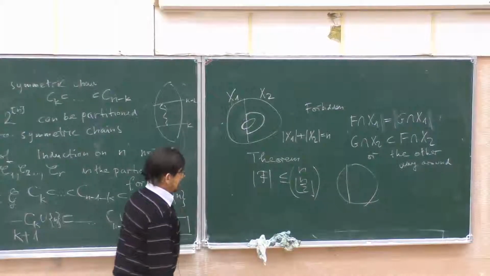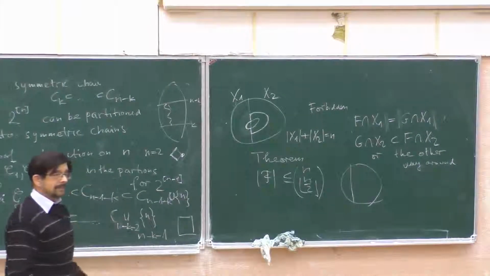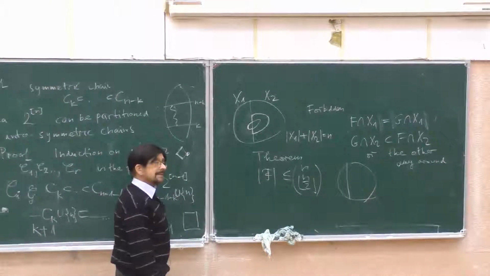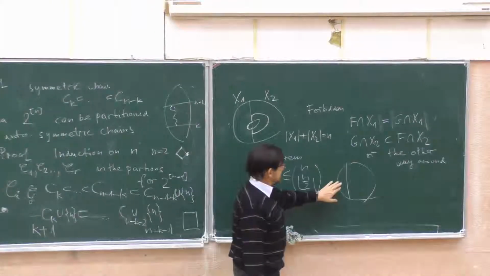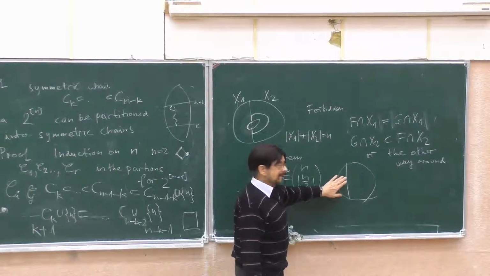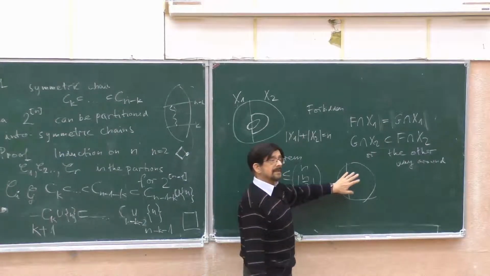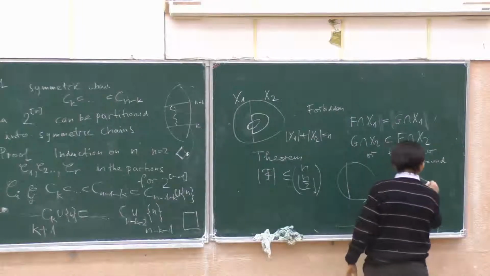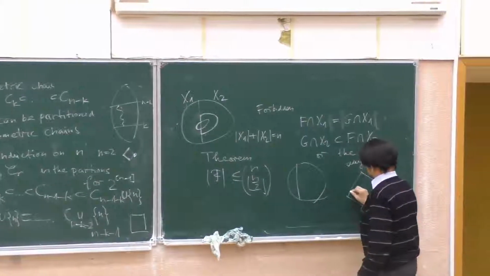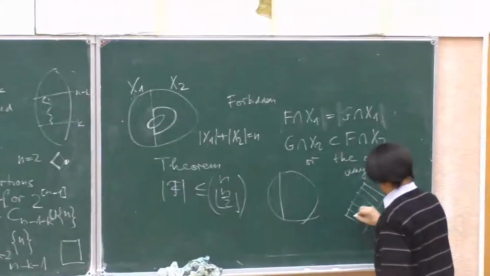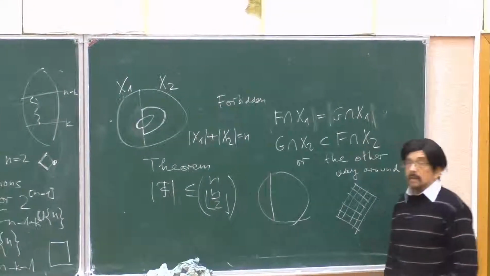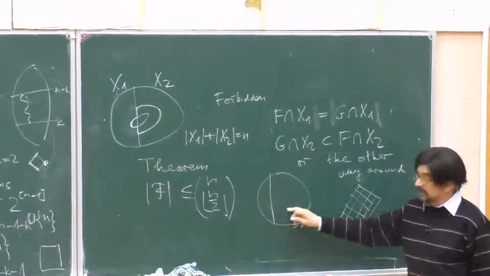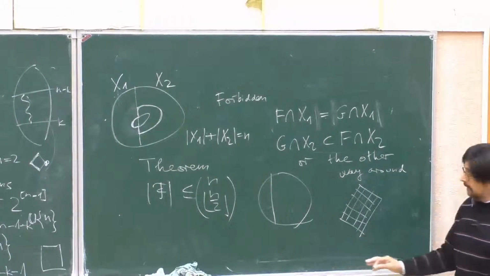And I just tell how to prove, but I don't do the details. Take the symmetric chains here, and take the direct product of the chains. So one chain here and one chain here, and take the direct product.